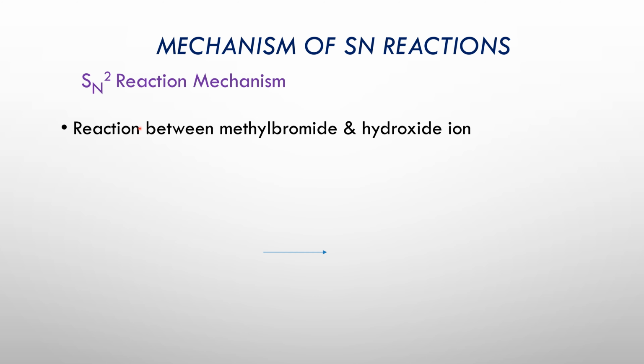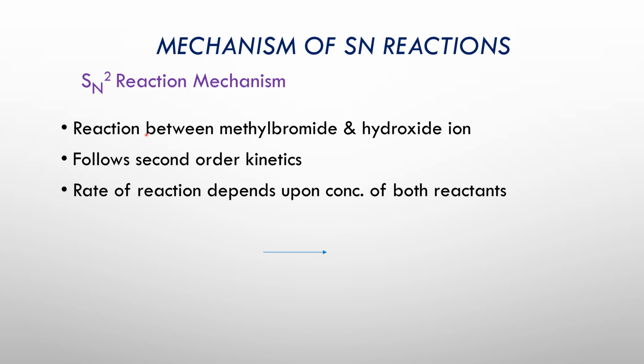This reaction follows SN2 reaction mechanism. Here remember that methyl bromide is the primary alkyl halide. This reaction follows second order mechanism, that means it is the SN2 mechanism which is followed by this reaction.